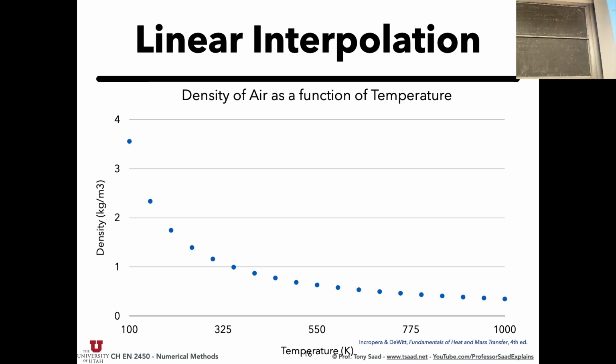Air becomes lighter, that's why it kind of goes up. And at lower temperatures, in Kelvin here on the x-axis, the density is higher. So the units here, kilograms per cubic meter. Okay? And then if I were to ask you that same question, what is the density of air at some arbitrary point in between those measured data points?